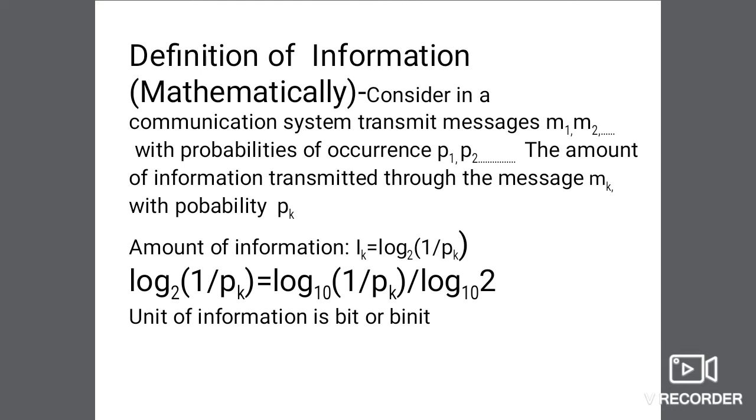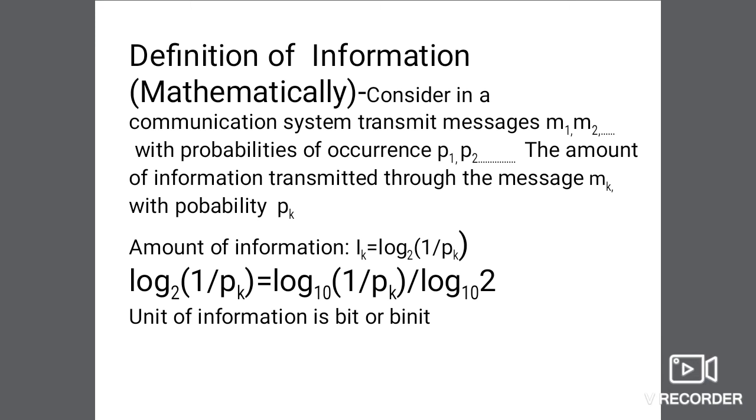Definition of information: consider a communication system transmitting a number of messages M1, M2, M3, M4, and so on, with probabilities of occurrence P1, P2, P3, P4, and so on.